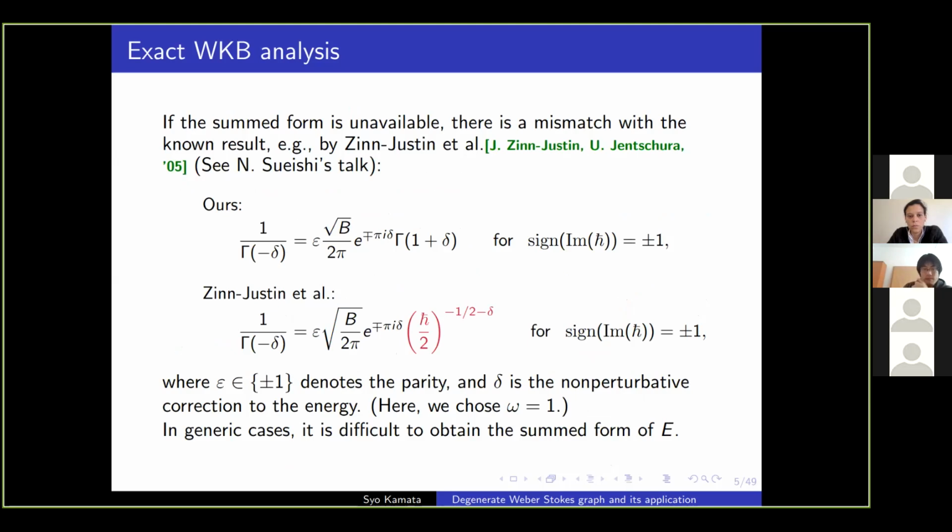However, to solve for delta, which is the non-perturbative contribution to energy, in the case of ARA type the function B also depends on delta, because in the case of ARA types the multiplier also depends on energy. So to solve for delta is very difficult in that case. I see. Could you remind me what was delta?